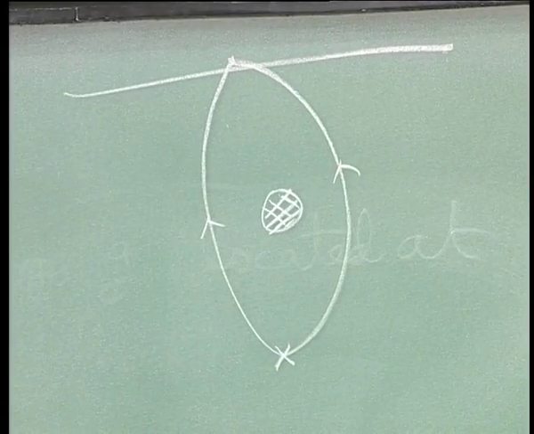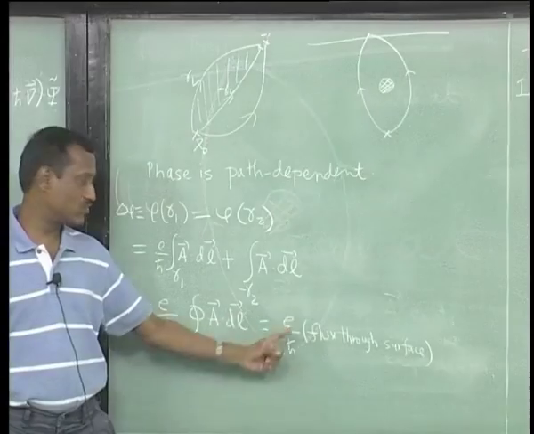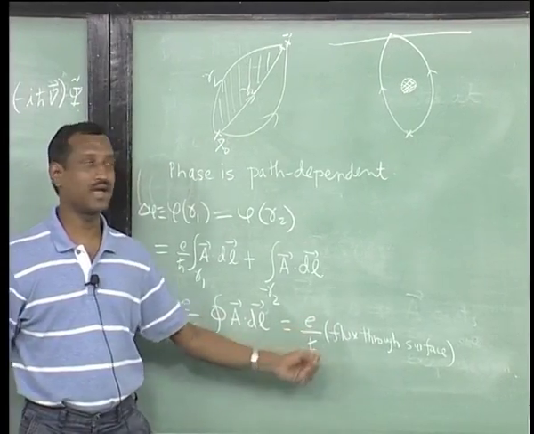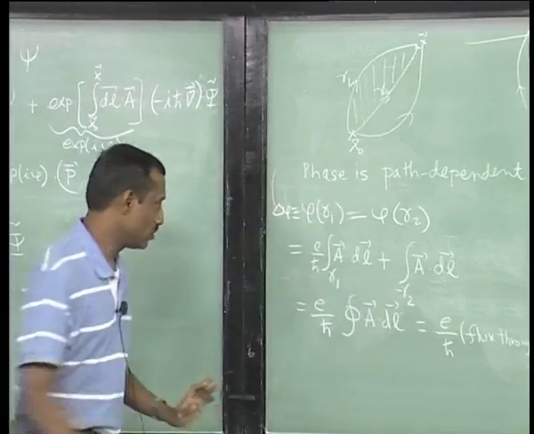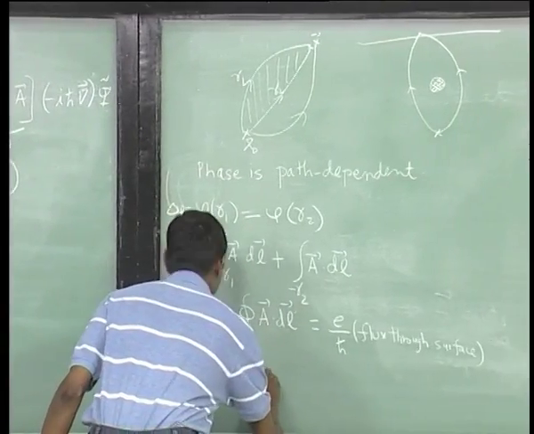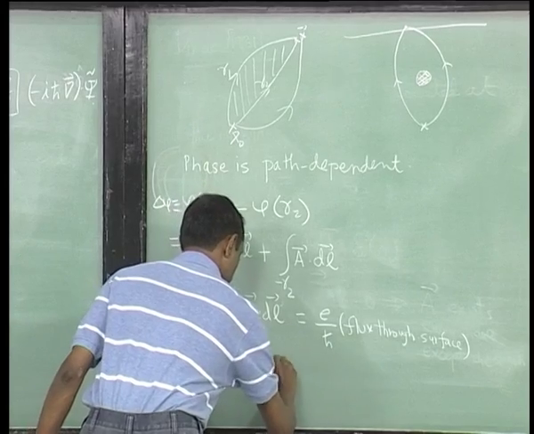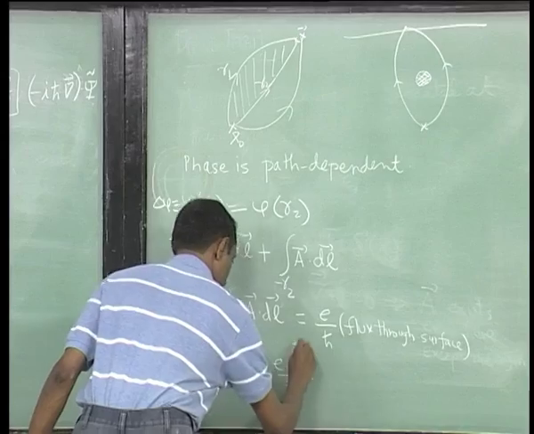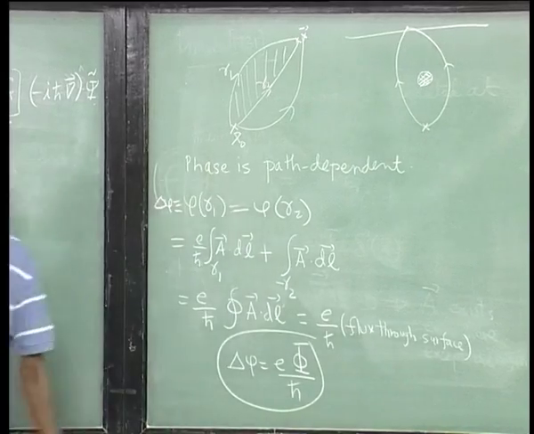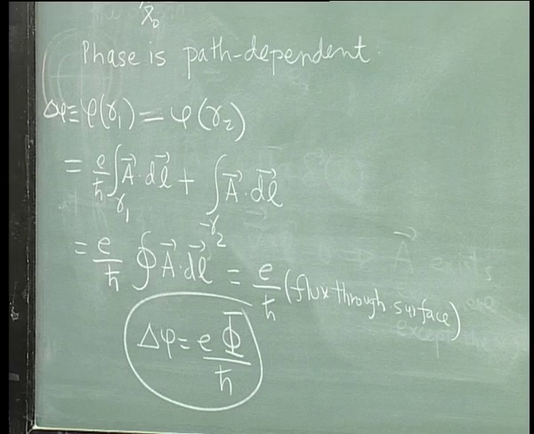Okay, and clearly the phase difference would be e by h bar times the flux. Okay, so let us just write this: delta phi is equal to e times the magnetic flux.